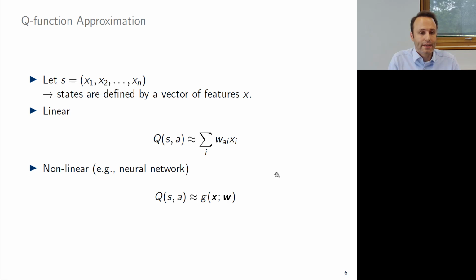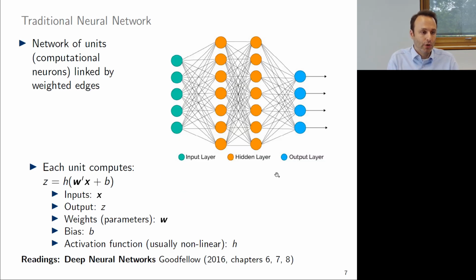So let's take a look at how neural networks work. The idea of neural networks is to use computational neurons motivated by the human brain and write them up as mathematical functions, basically as units.